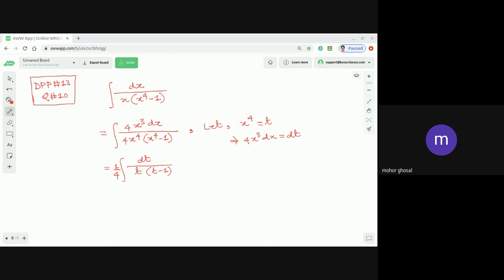So the second one: x to the power 4 minus 3x square minus 3x minus 2 by x cube minus x square minus 2x. So what comes to your mind? That we should divide, isn't it? The first thing that should have come to our mind is that we should divide. By dividing it will be x minus... let's see.